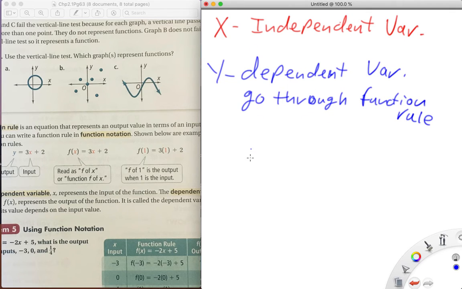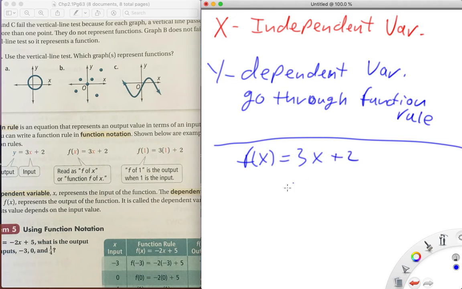But for it to be the y, let's go back to our initial one. It was f of x equals 3x plus 2. When I do this, I can choose whatever x I want. Negative 1, 0, 1, 2. I just made these up. But in order to find out what the output value is, I have to substitute the negative 1 in here.